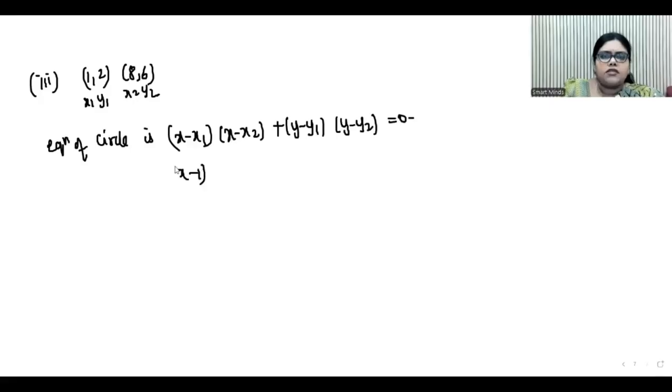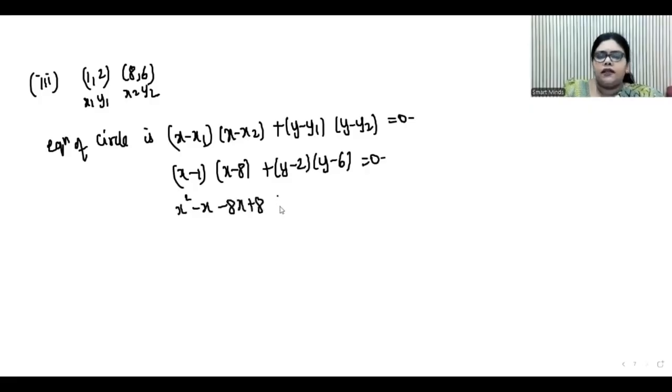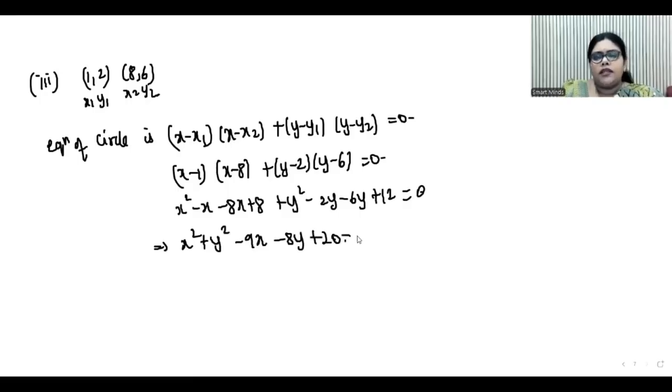So x minus 1 into x minus 8 plus y minus 2 into y minus 6 is equal to 0. So x square minus x minus 8x plus 8 plus y square minus 2y minus 6y plus 12 is equal to 0. So you will get x square plus y square minus 9x minus 8y plus 20 is equal to 0. This is the final answer.